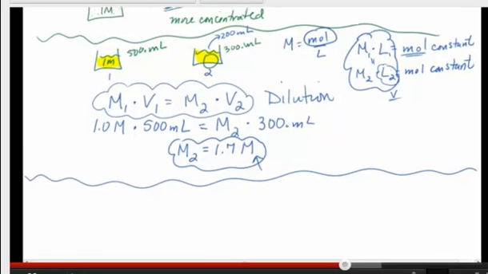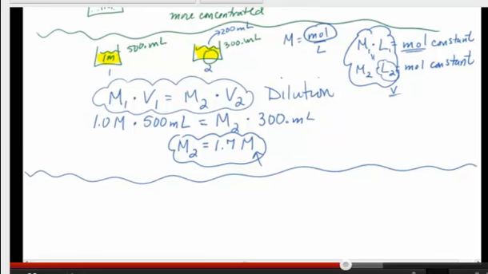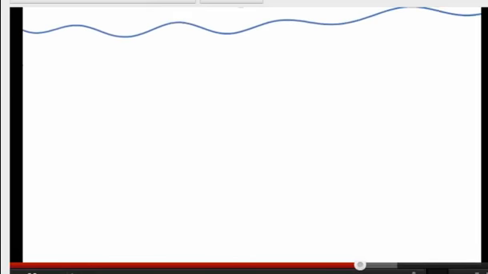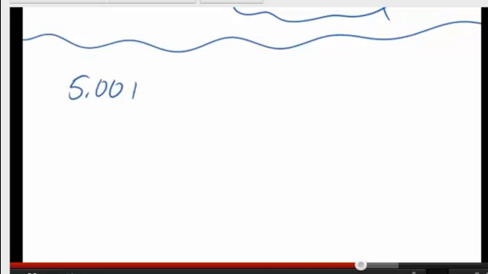So let's set up a little pretend lab situation here and see how we would go through and solve that problem. Let's say that I was working in a lab where I went to the shelf and all I could find was a stock solution of 5.00 molar copper 2 sulfate.